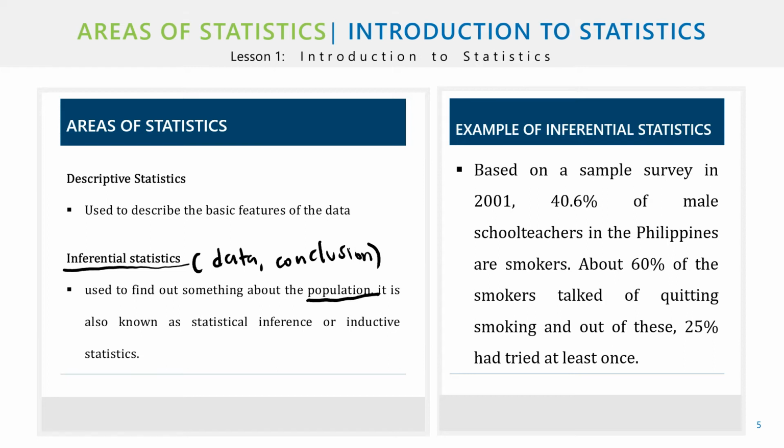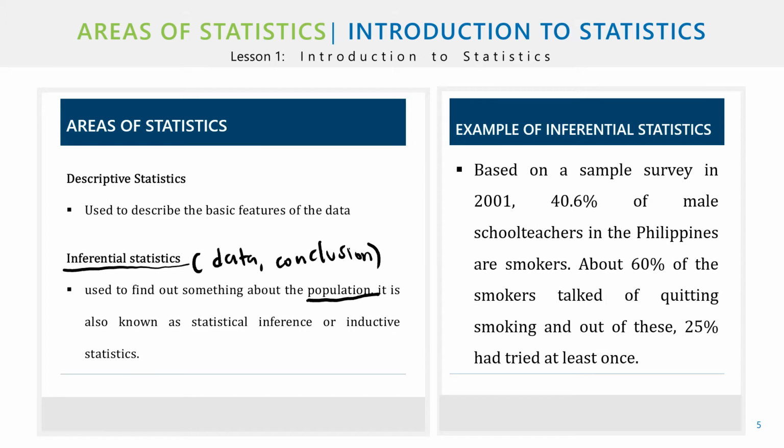Okay? Another example of inferential statistics: based on a sample survey in 2001, 40.6% of male school teachers in the Philippines are smokers. About 60% of the smokers talk of quitting smoking, and out of this, 25% had tried at least once.